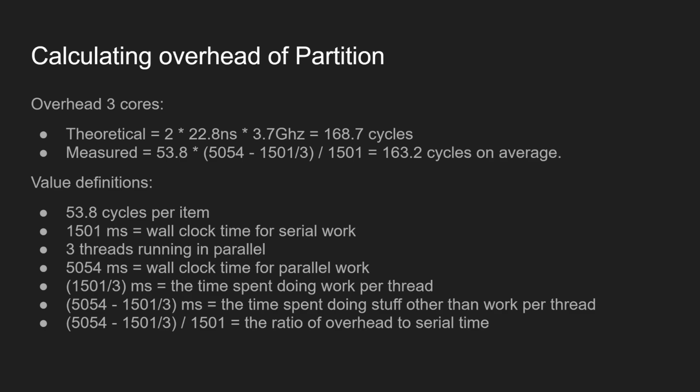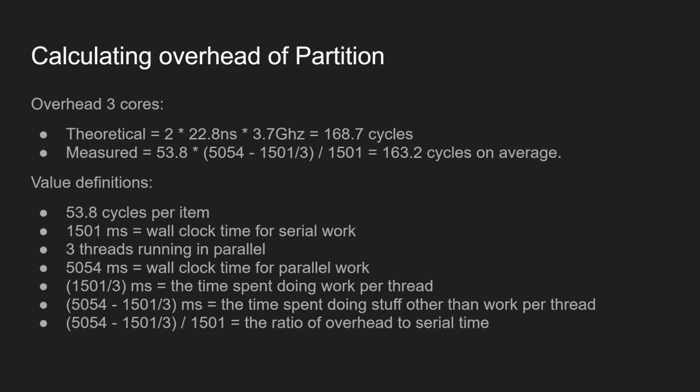Dividing that by the serial time gives us the ratio of overhead to actual useful work per item. Multiplying by the number of clock cycles to do an item of work then gives us the amount of overhead in cycles on average to run a parallel loop.